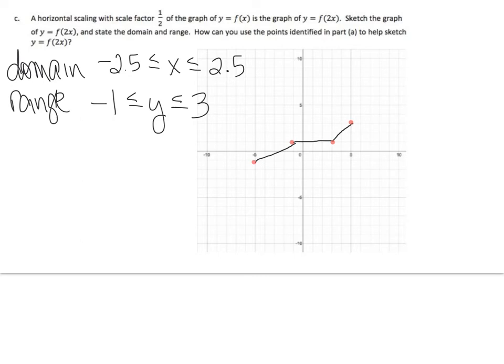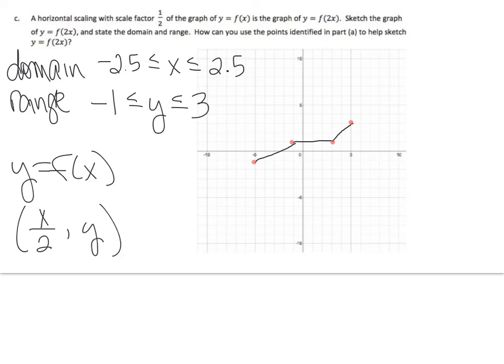Now we're going to talk about those significant points. For every point on the graph y equals f of x, there is a point x over 2, y, on the graph of y equals f of 2x. So for this first point, I'm at -5, -1.